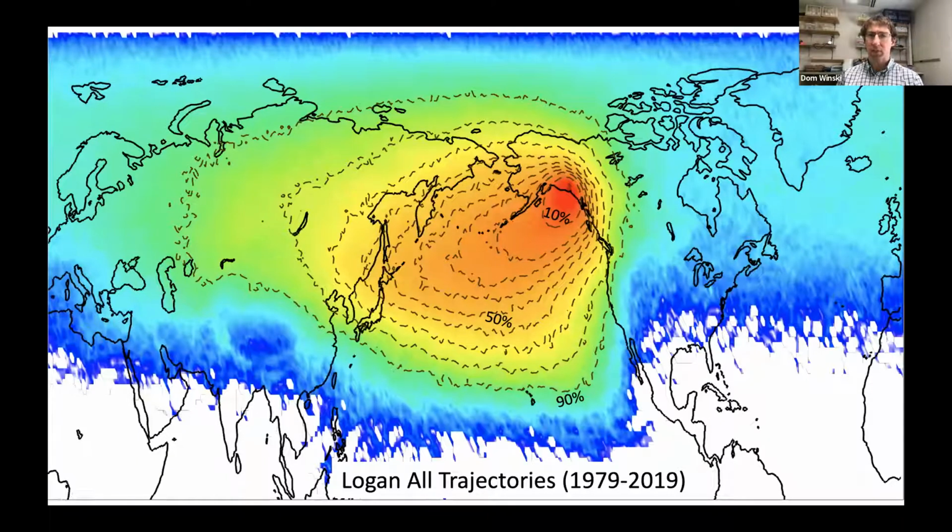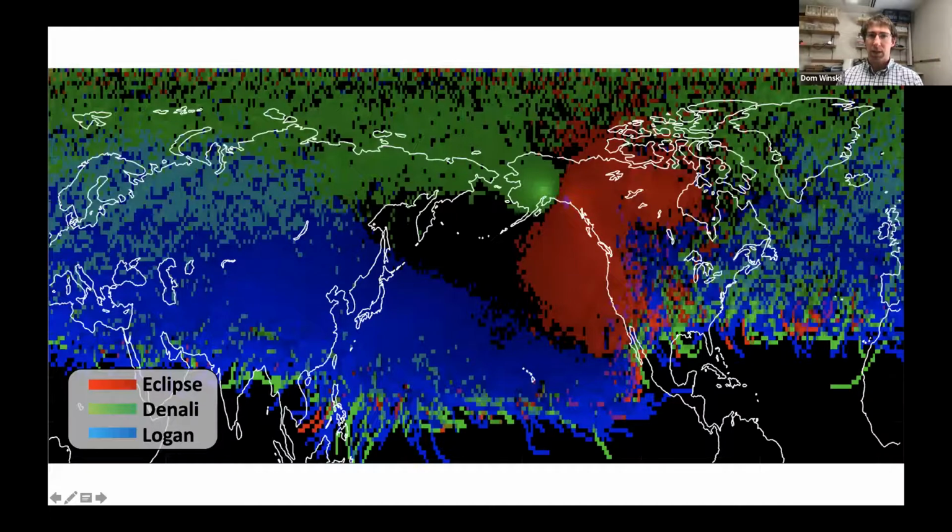If I subtract all of these to get the difference, it looks like this. Each of these colors represents the bias of each site towards a particular region. All the areas in green are disproportionately represented in the Denali core.